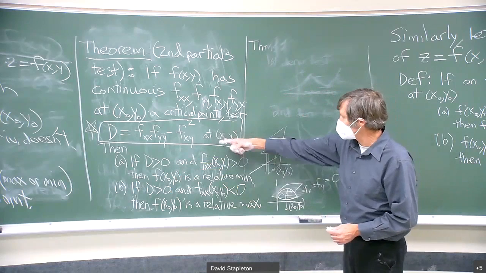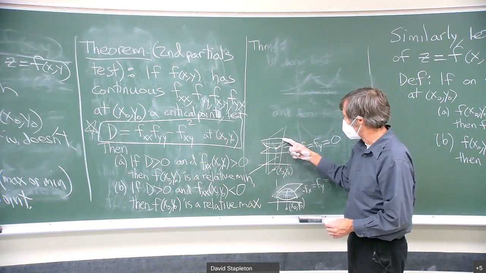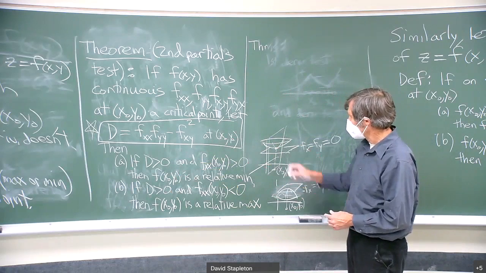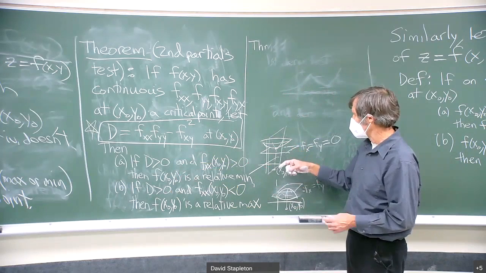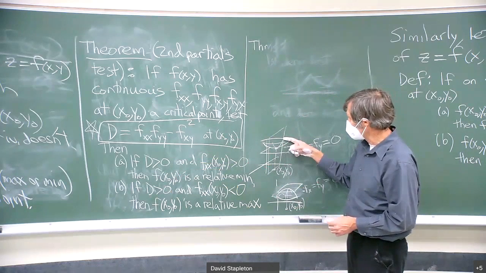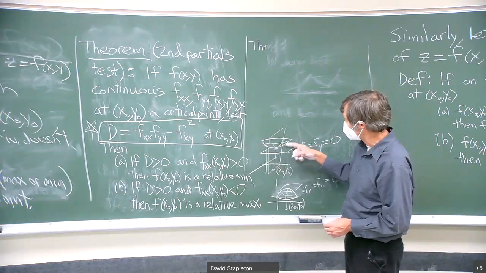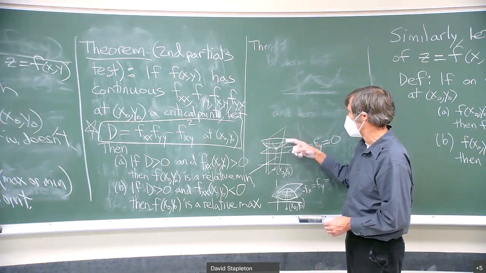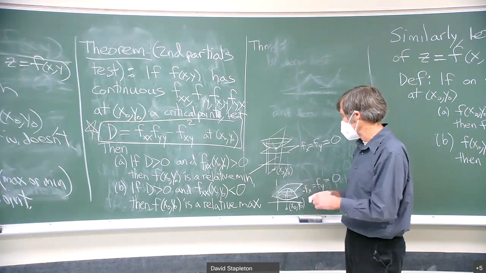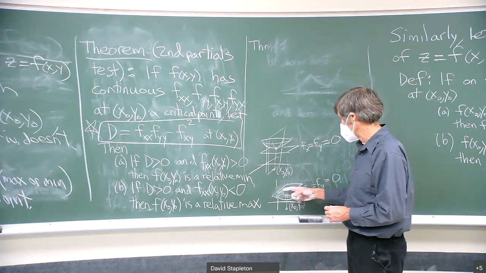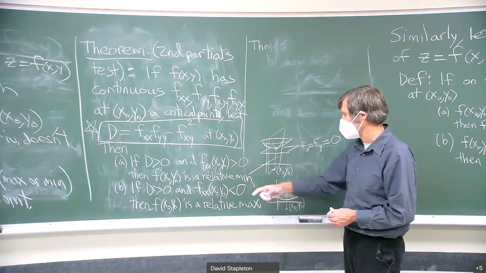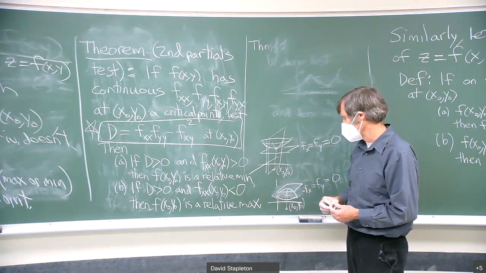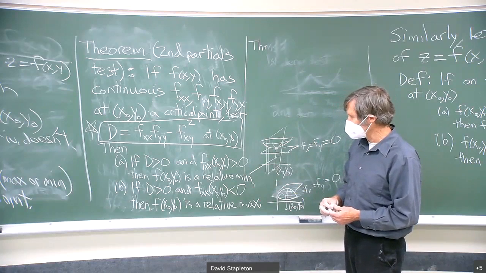When this quantity is positive, then it doesn't matter if you go in the x direction or the y direction, it'll be the same concavity. Concave up in the x direction and D positive mean it'll be concave up in the y direction, or any directional derivative. Similarly, here it'll be concave down in all directions. If D is positive and it's concave down in one direction. So that's the purpose of D.